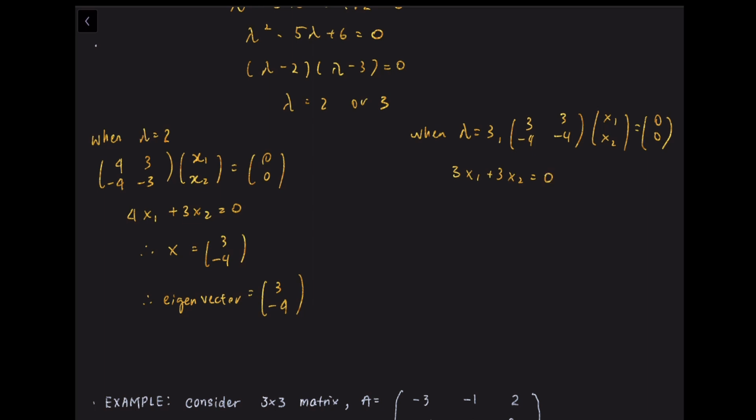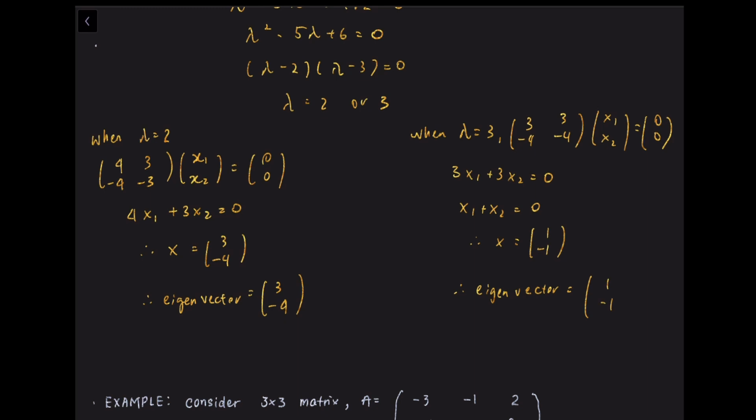Any non-zero multiple of (1, -1) gives a suitable solution to this equation. We choose x2 equals (1, -1). Thus, the eigenvector of A corresponding to the eigenvalue of 3 is (1, -1).